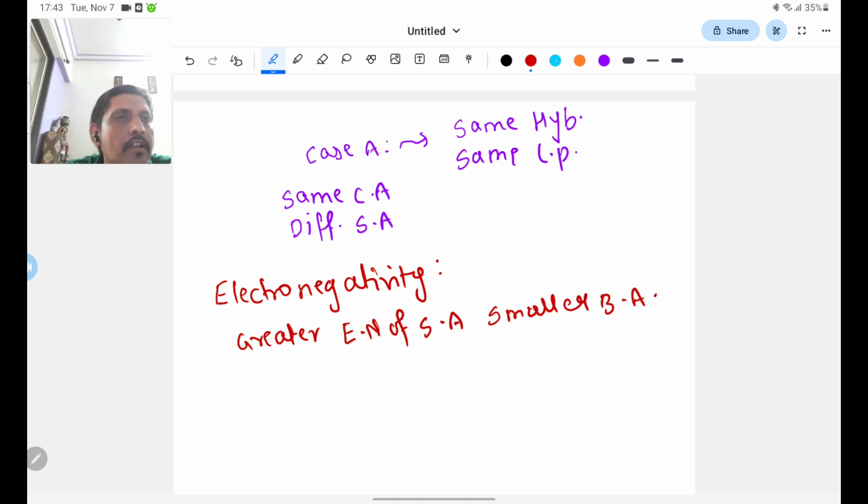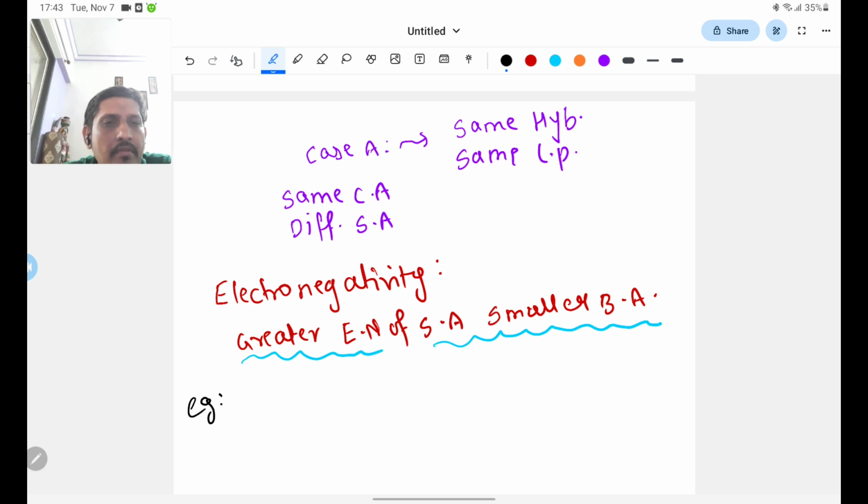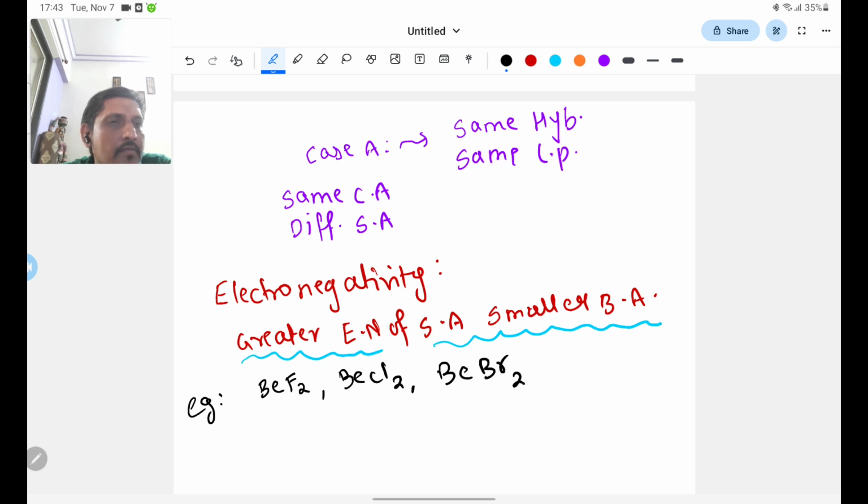Greater the electronegativity of the side atom, smaller will be the bond angle. So let's see this using an example. For example, I have the molecules BeF2, BeCl2 and BeBr2, and I want to arrange them in decreasing order of bond angle. So let's find out how to go about it.